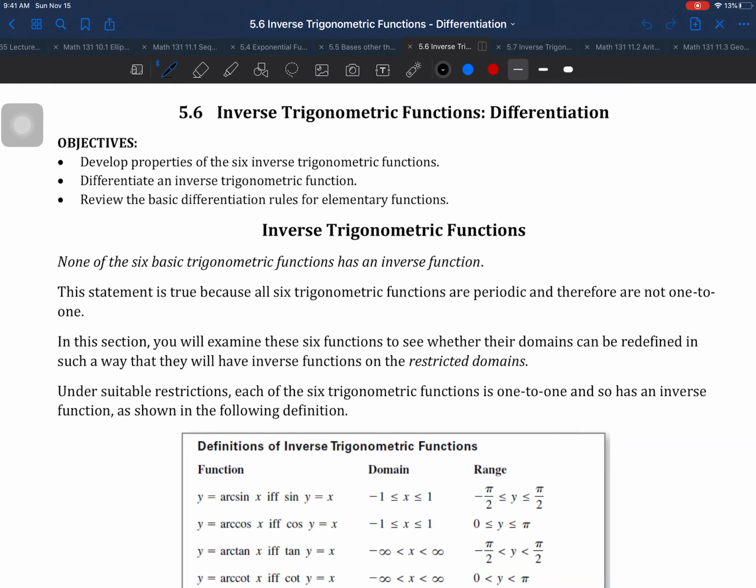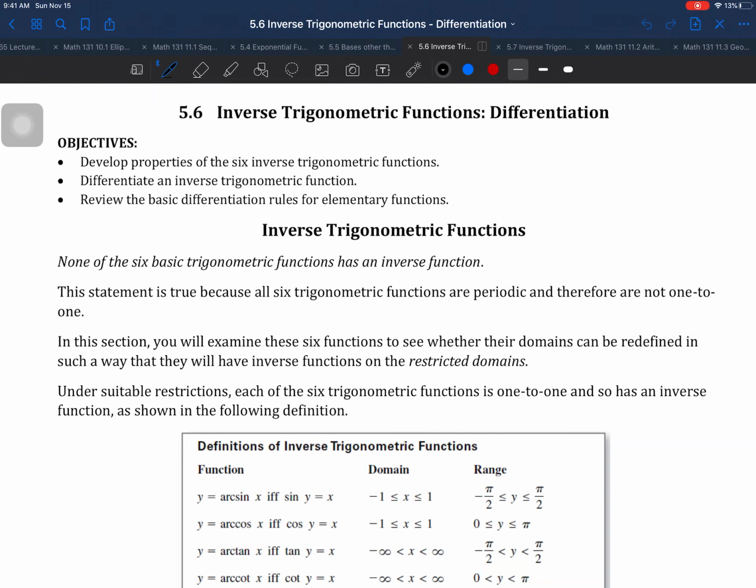So we have discussed already the inverse of a function, and the way it ties all together is we're going to see this in this section, and in particular the problem that I do at the bottom.